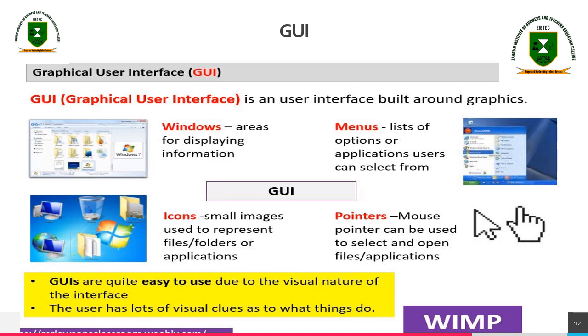For example, in this diagram there's a computer, a recycle bin, a folder, and also the Windows logo.